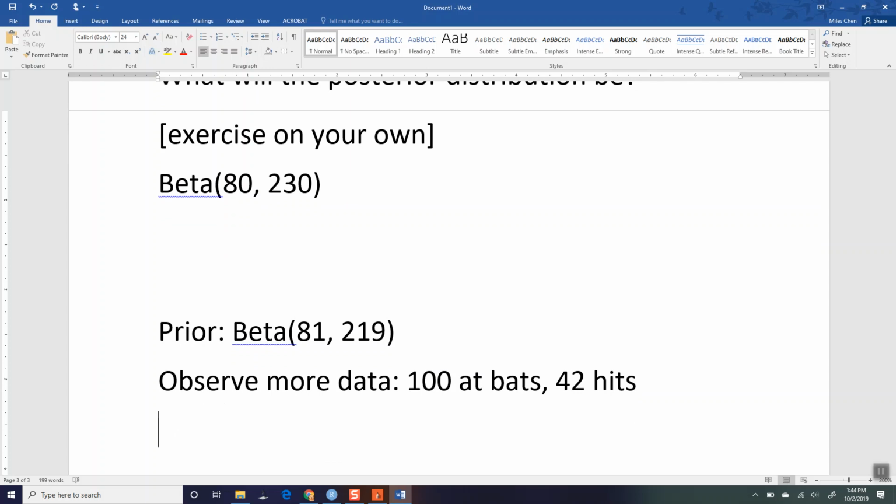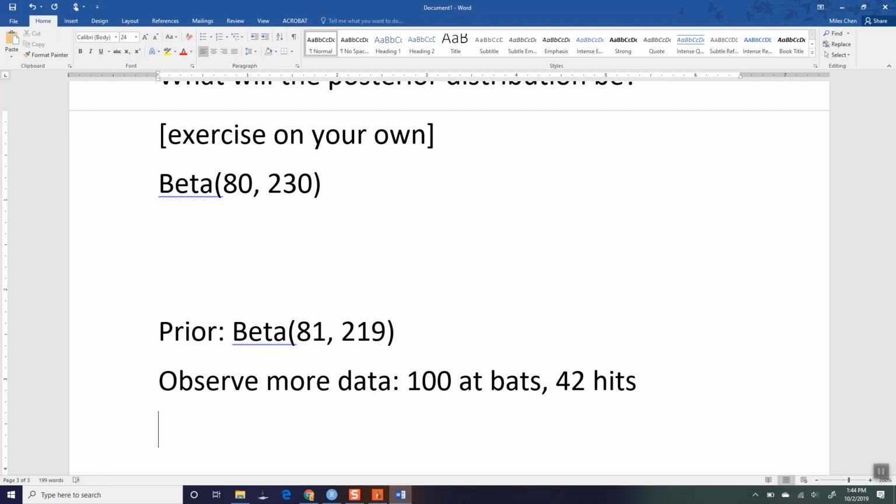Now that we've seen more data, we can probably be a little bit more confident that the batting average is going to be quite high, okay?